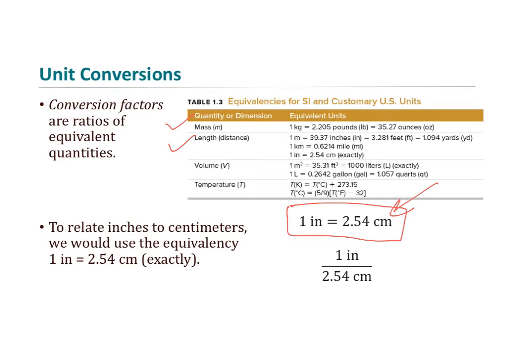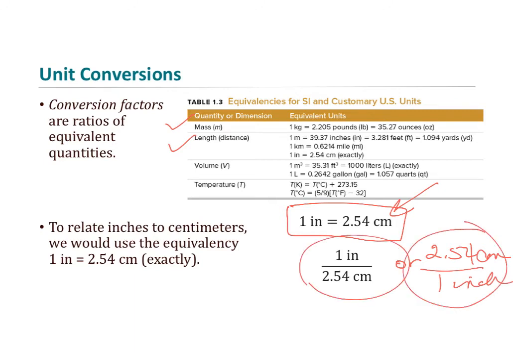So there's 2 ways to do it. You could either say 1 inch on top and 2.54 centimeters in the bottom, or you could put 2.54 centimeters on top and 1 inch on the bottom. And you can easily use that conversion factor in either way. It depends on the units of the given information. So whatever units we have in the denominator, they should match the identical units of the given information, so they cancel out.